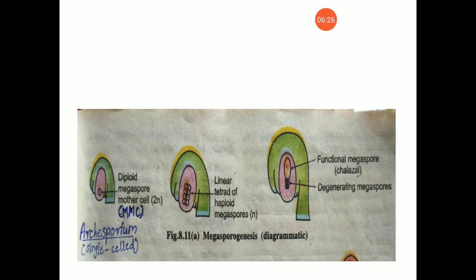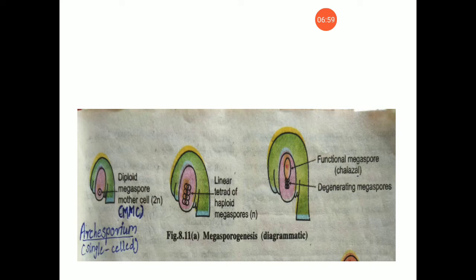In this figure, a diploid hypodermal cell at the micropylar end of nucellus gets differentiated to form archisporium. Mostly, this single-celled archisporium directly functions as megaspore mother cell, MMC.